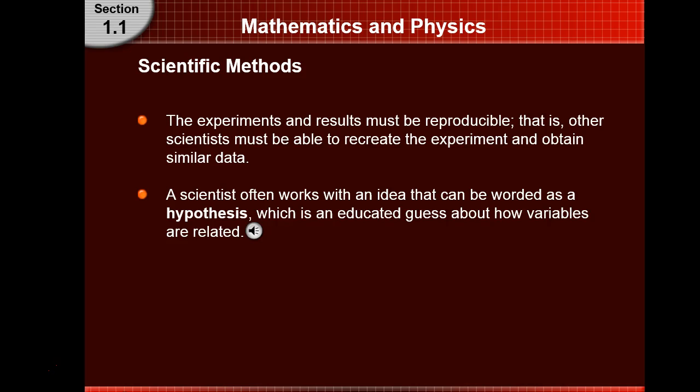Scientists must be able to document and defend what they find. Otherwise, they could be considered to be in that liars group, and you don't want that kind of reputation. So, scientists often work with an idea that can be worded as a hypothesis. This is an educated guess, meaning you must have knowledge about the subject.